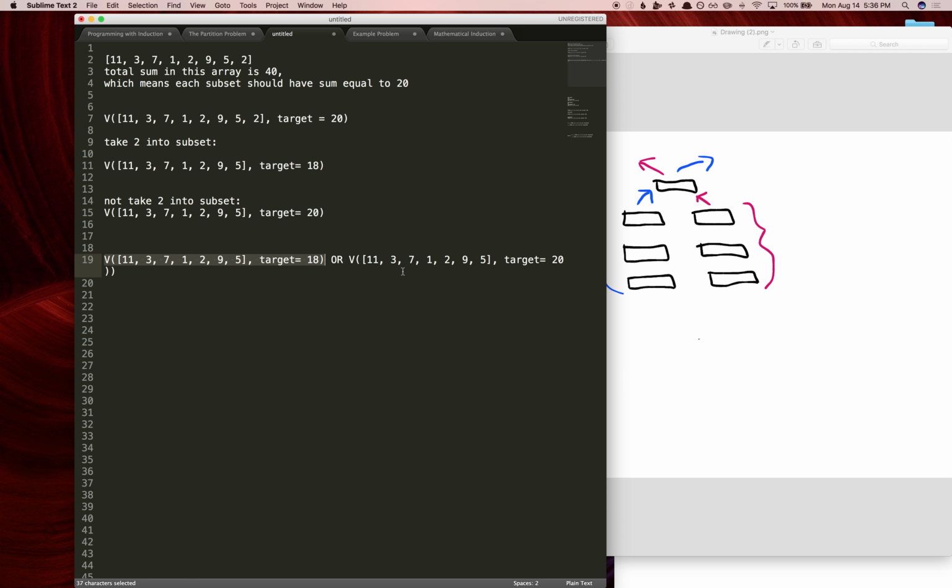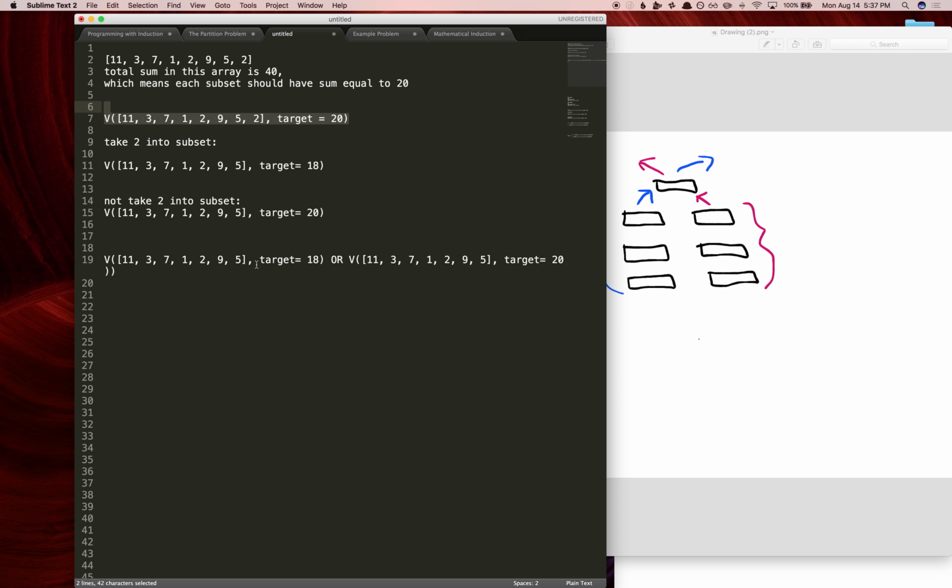And so if one of them is false, it doesn't matter, because if one of them is true and one of them is false, that means that, hey, the partition problem can be solved. If both of them are false, then it means that we can't solve the partition problem for this bigger problem in line 7.